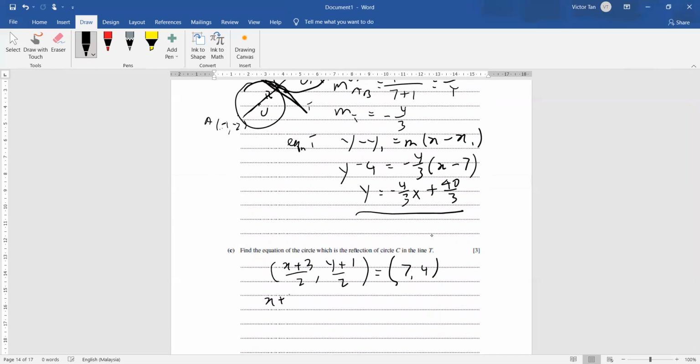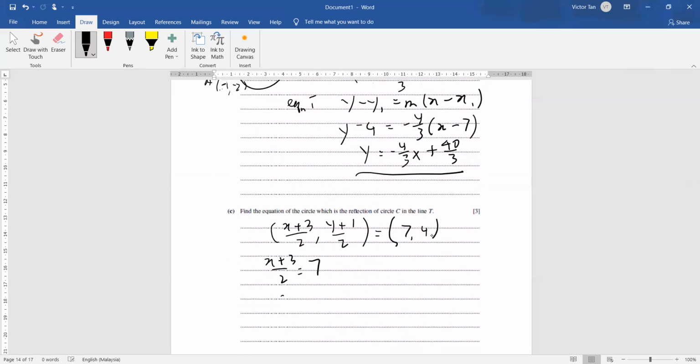So (x plus 3) over 2 equals 7, x equals 11. (y plus 1) over 2 equals 4, y equals 7. So the center of the other circle they want to find is (11, 7).